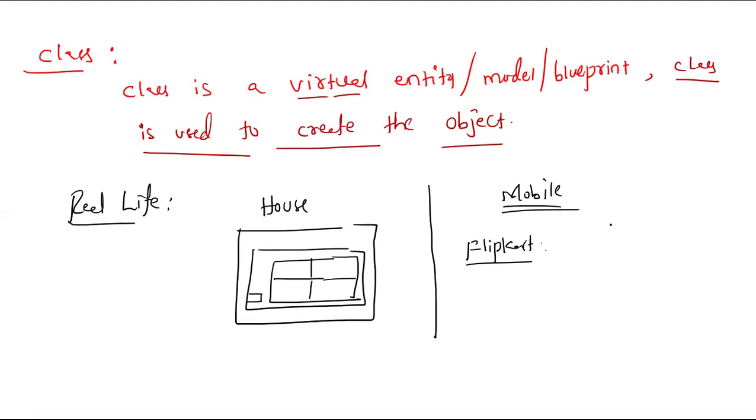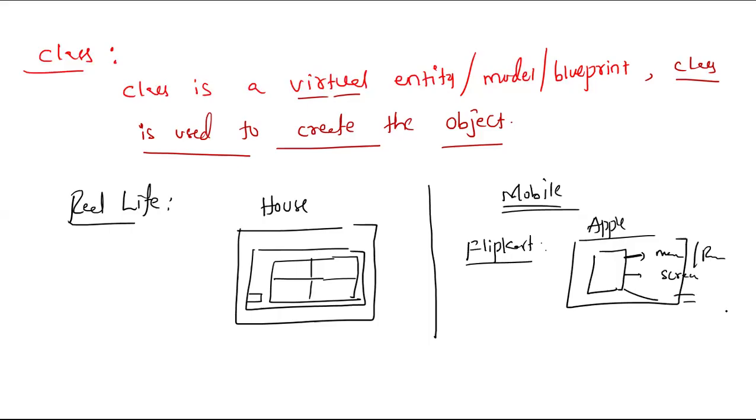What we'll do in Flipkart, we'll search for Apple phones, and there will be some models, and we'll observe that model's features, like how much the memory is, how much RAM is, or the storage capacity, the screen size, and some other features. Correct?